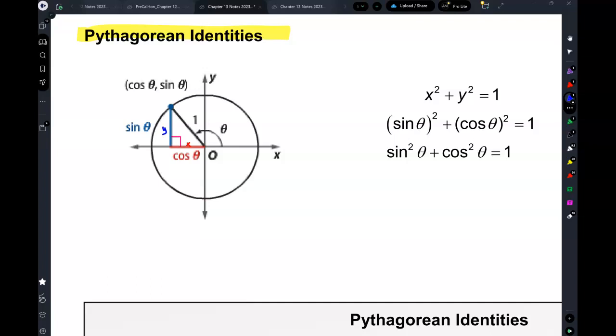Nothing new. But we also know that if this is the coordinate of a point on the unit circle, and we have an angle that intercepts that point, then this distance, the x, is the cosine of that angle, and this is the sine of that angle.